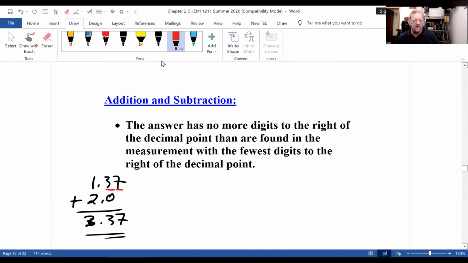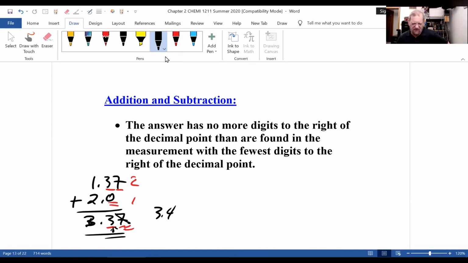This has 2. This has 1. Therefore, your answer should have the same number of digits past the decimal as the lower one, which is 1. Keep this, use this to round off. This is 5 or greater, so this gets dropped and this gets increased by 1. And the correct answer is this.